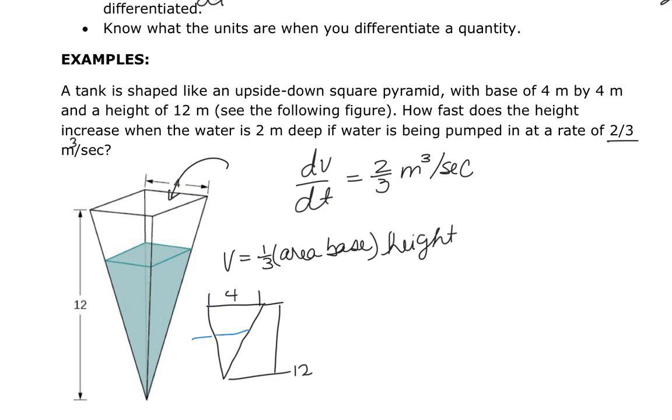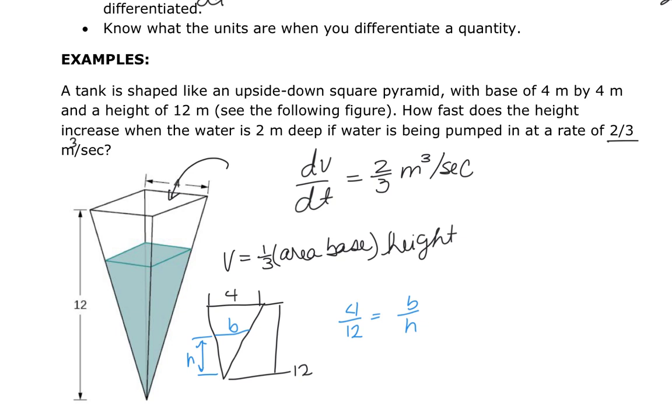It's going to have some height. I'm going to call it h. I don't know what that height is. Well, actually I do, but I'm going to wait till I get to my snapshot in time. And then it also has some base b. So using similar triangles, 4 is to 12 as b is to the height of that triangle.